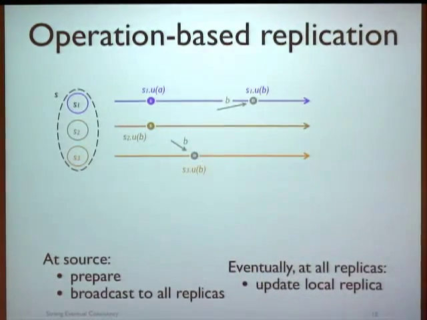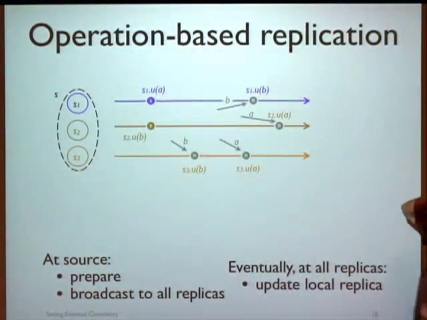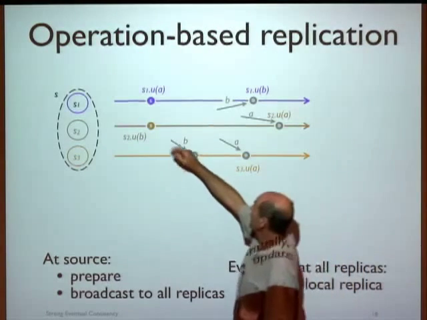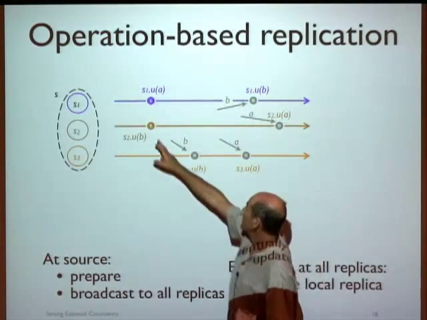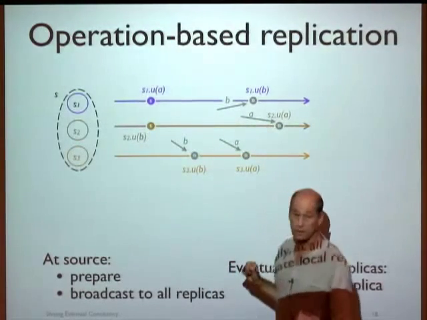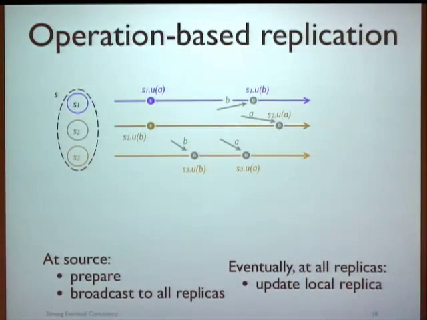Now I'm going to have to propagate the other update. And you can see that this guy has applied A followed by B, and this guy has applied B followed by A. Now, if you want it to converge, what you want is that your updates are commutative operations.